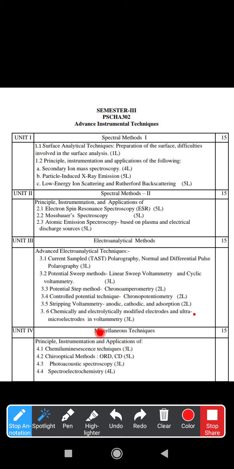In unit number 2 we are more involved in advanced techniques, that is ESR techniques, Mossbauer spectroscopy, or electron plasma sources, so atomic emission spectroscopy based on plasma and electrical discharge sources. In the third unit we are going to use some traditional techniques based upon current measurements, that is, polarographic techniques.